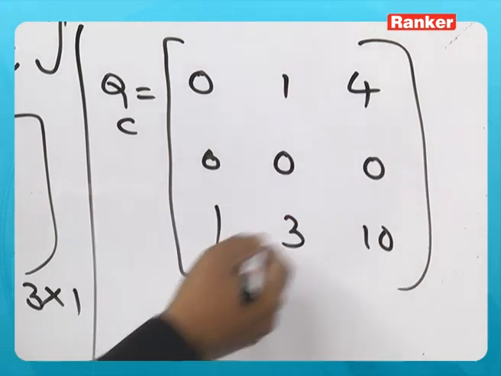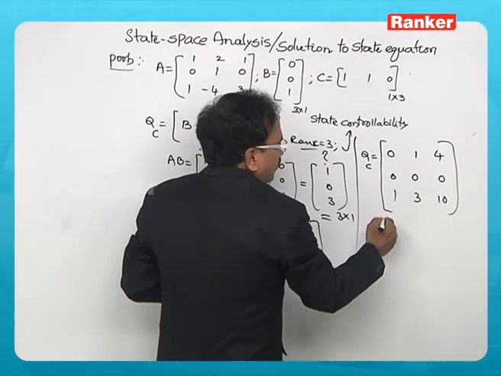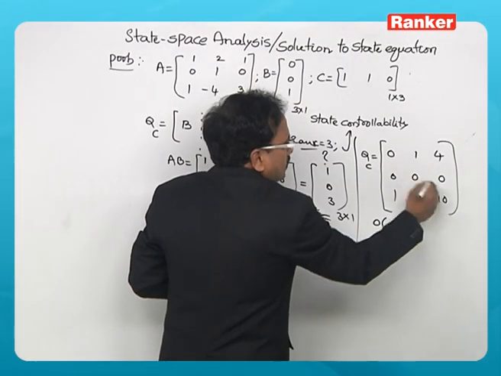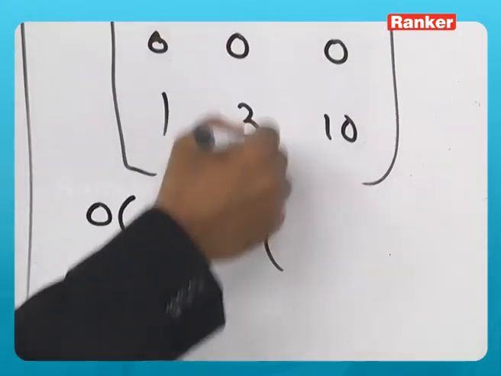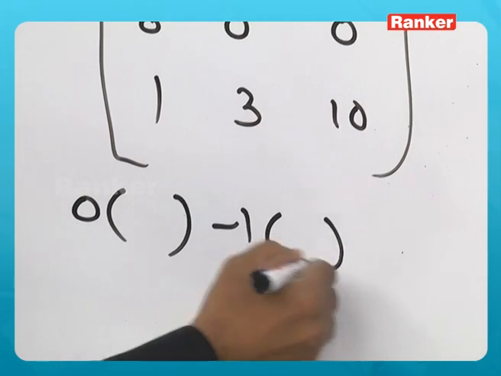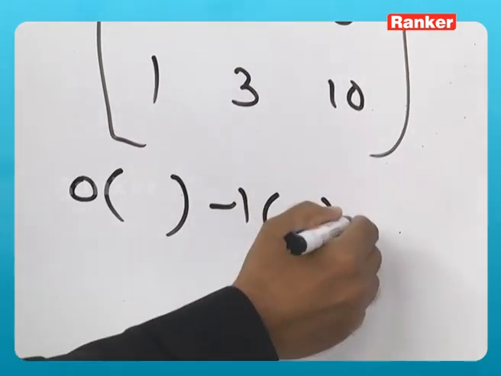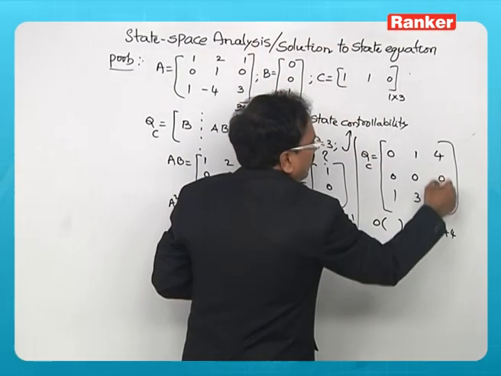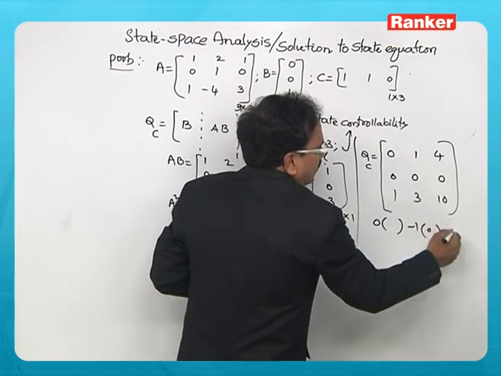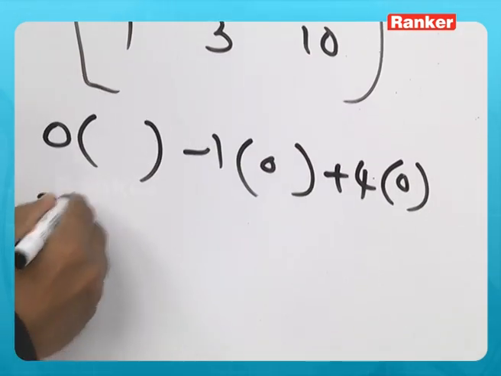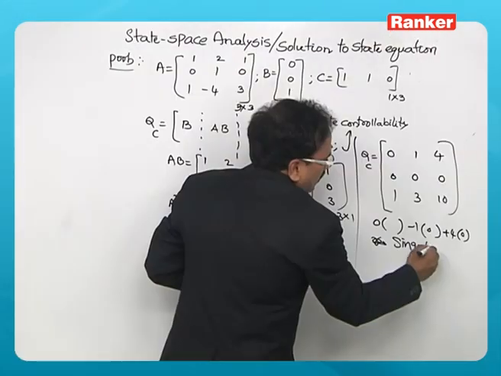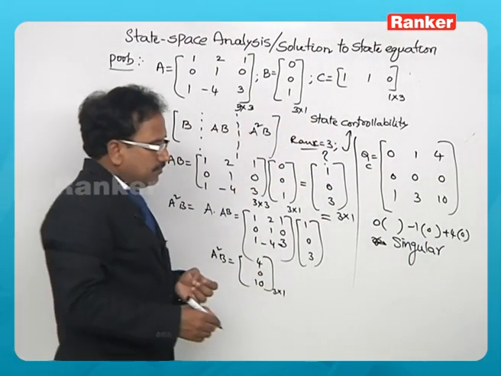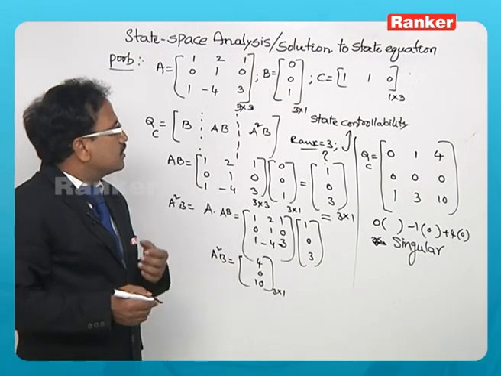If you see the determinant, 0 into this is anyway 0, now minus 1 into this, again 0, and plus 4 into this, again 0. So, we say that it is singular, that means the rank is 1.